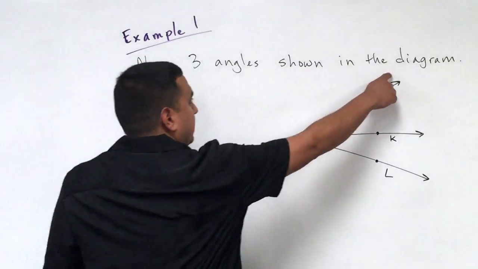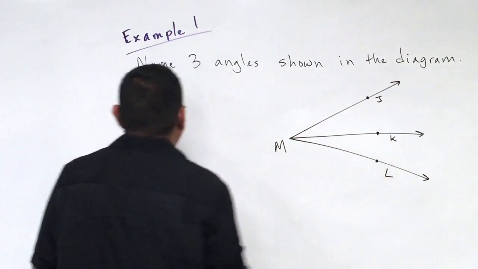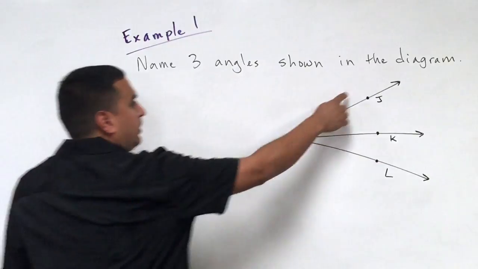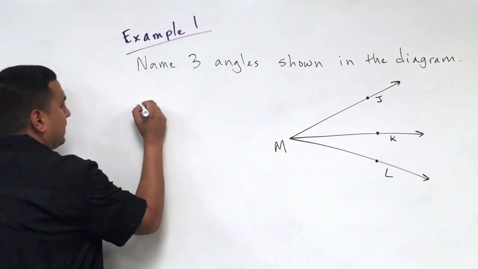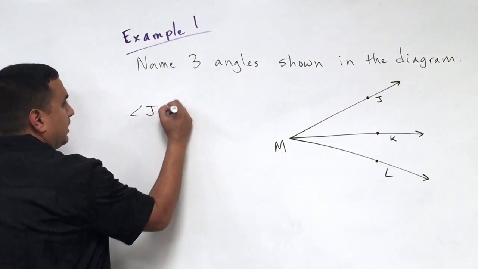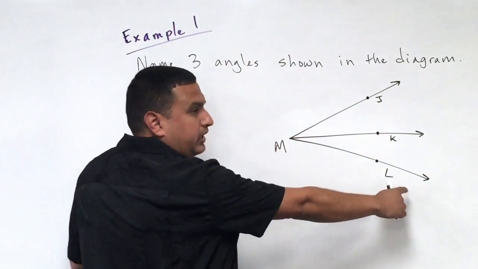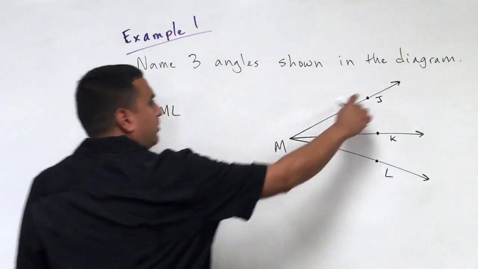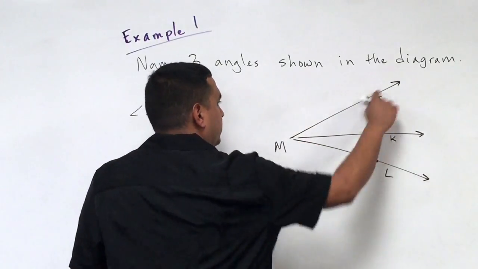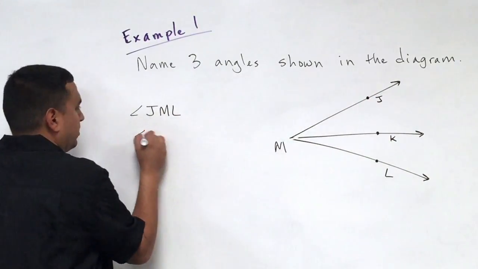I have this angle on the outside, so I have to use these points. The first one I would name angle JML, and that's talking about this outer angle. I have another angle going from J to M to K, so that would be angle JMK.